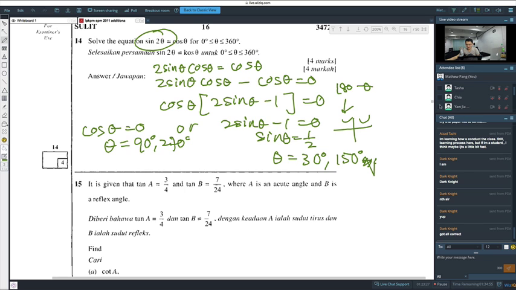Okay, since you're so quiet, I assume all of you are digesting this question. Okay, give you 1 minute. Then it should be bonus mark to you, because this question is quite easy.